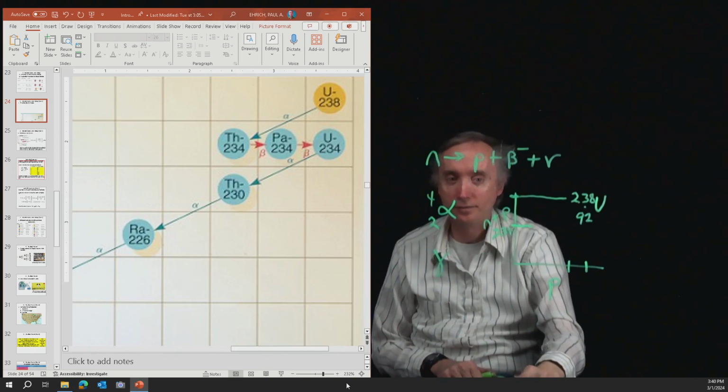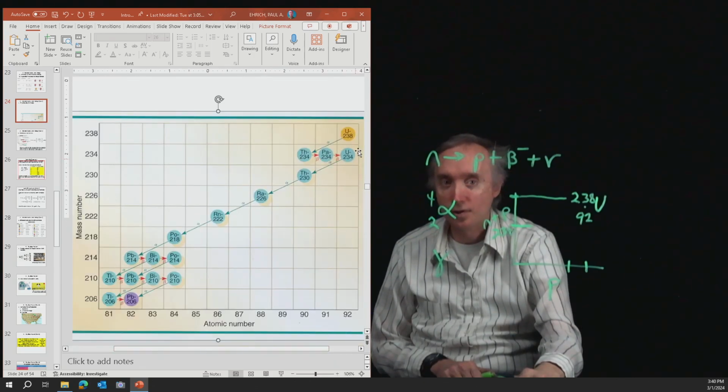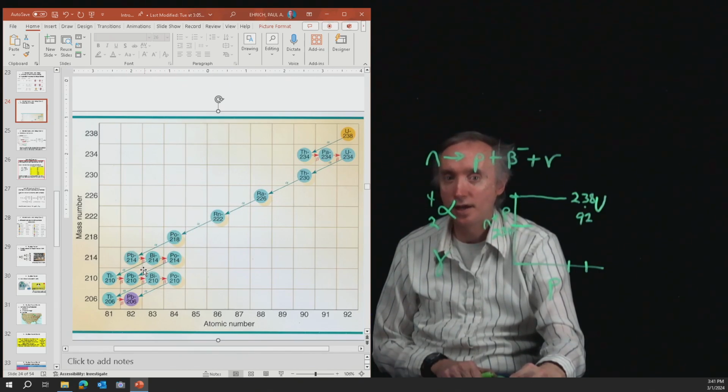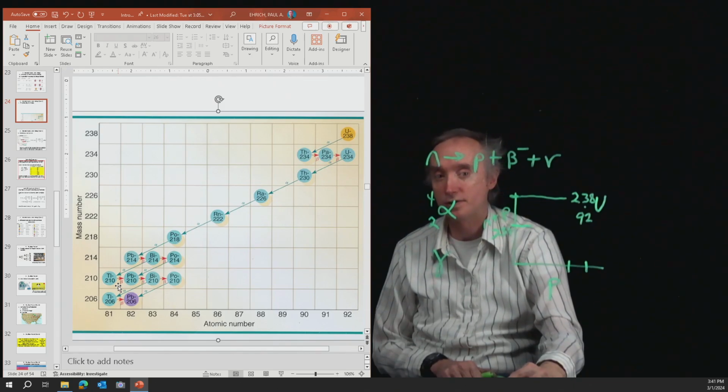Okay, so let me make this larger so that you can see the whole chart. We were up here, and then we changed into these elements, and then we changed into these elements, and each of these elements is changing at a different rate.